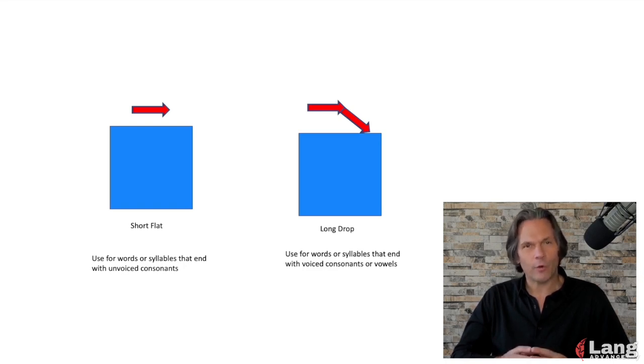So getting comfortable with these pitch tones will really help in making sure you're always understood precisely. Listen and repeat the following pairs of words. Pay attention to the difference between the short flat tone and the long drop tone, both as you listen to me saying the words one after the other and as you repeat them.